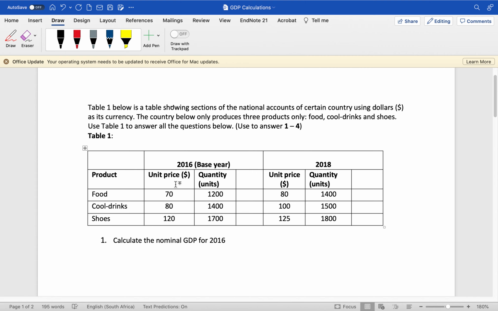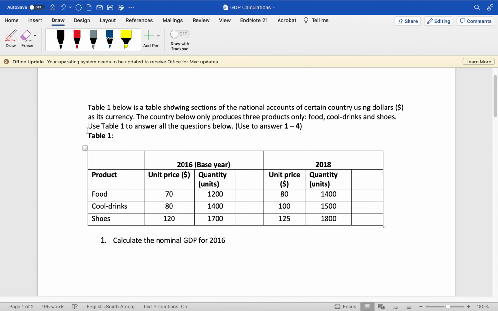So your real GDP is adjusted for inflation, whereas your nominal GDP is not adjusted for inflation. Normally, policymakers also prefer using real GDP because it is adjusted for inflation.